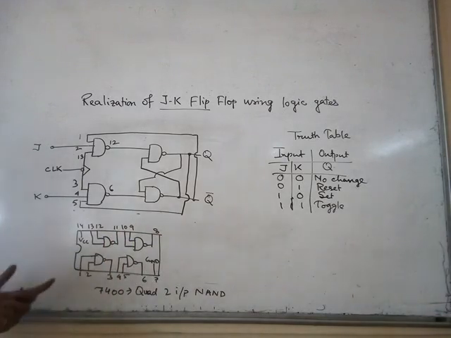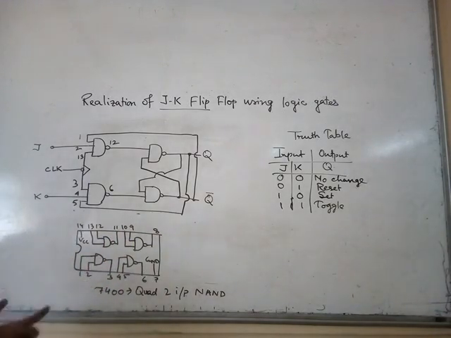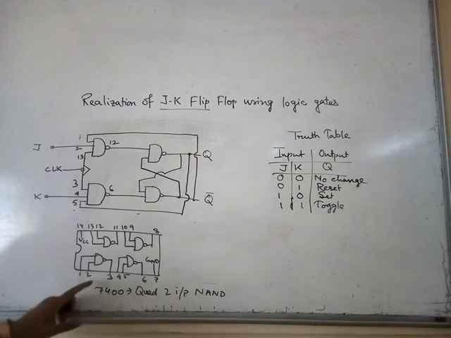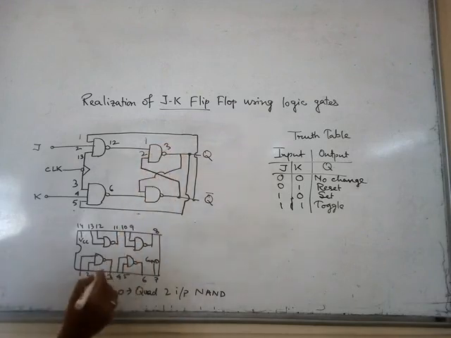So from this you can see there are 4 gates in an IC, and we can choose any gate. So we take 1, 2, 3. Next 4, 5, 6.